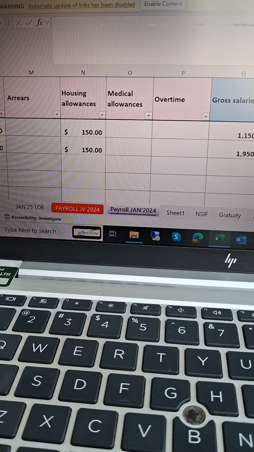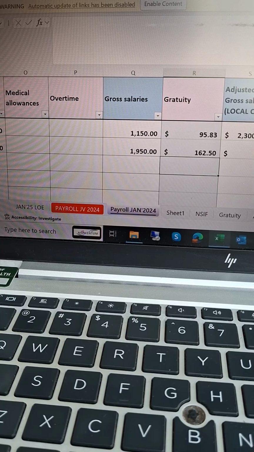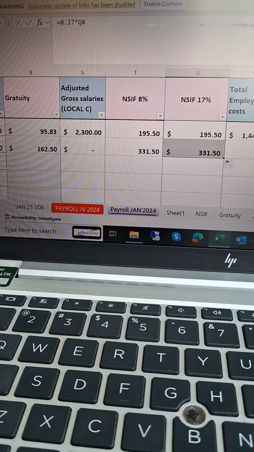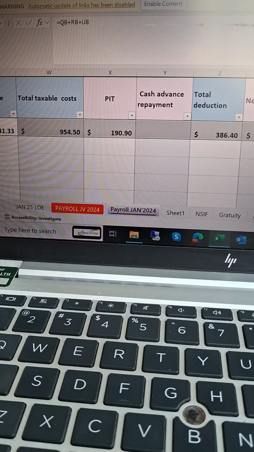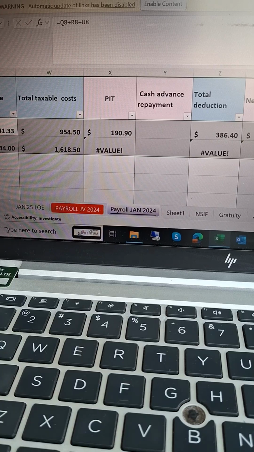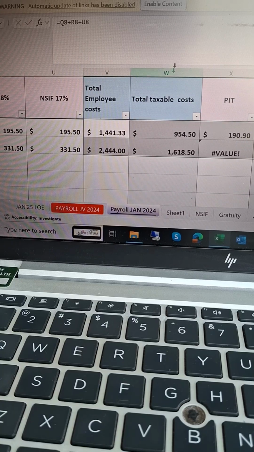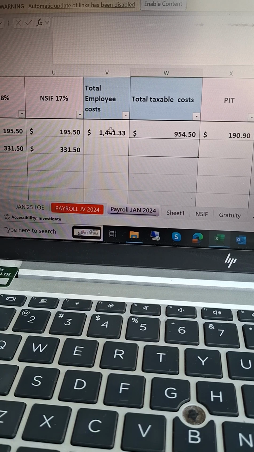Or I can do it one by one, all the same. So let me drag, then highlight and drag down. I made a mistake. What you do, you undo, you check yourself, see where the issue is.